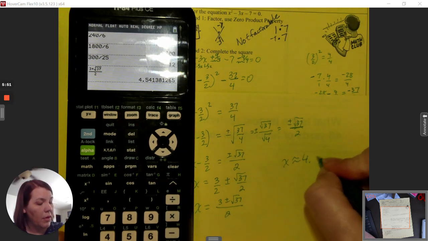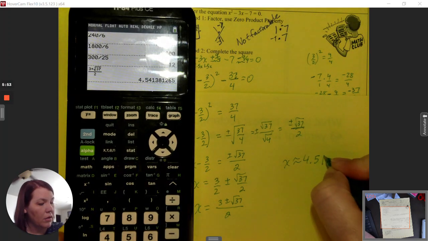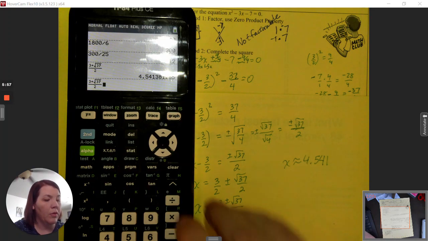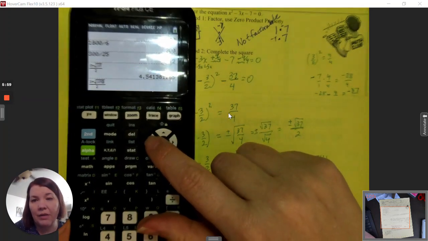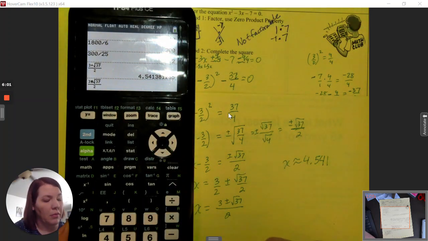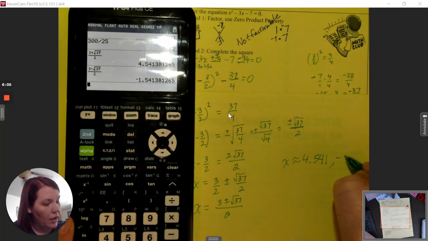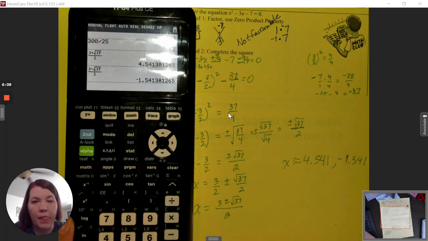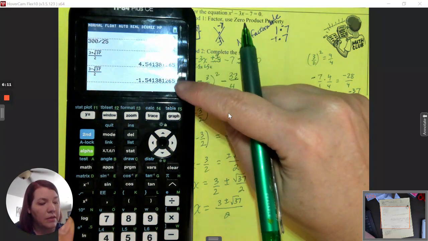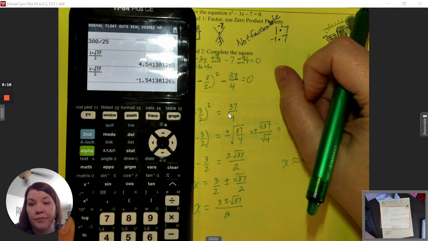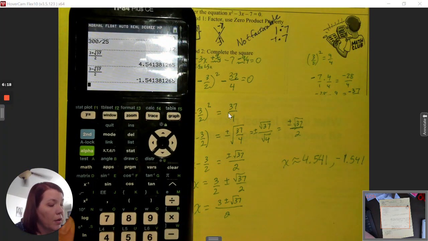That's 4.541. Okay, then we're going to do it again. I'm going to pull the exact same thing down and change that plus sign to a minus sign. And negative 1.541 as well. Notice the decimal part is the same, that'd be related to the square root of 37 somehow. Okay. All right.